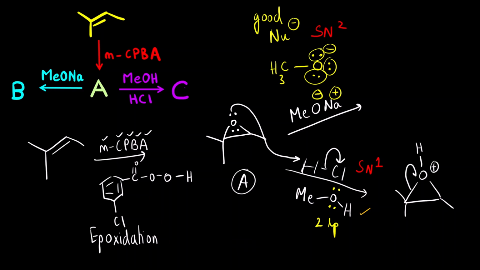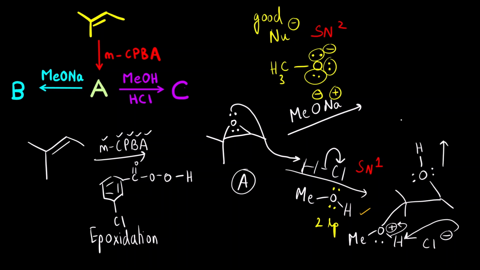So it is this bond that will be breaking. Here we will get the positive charge. Oxygen will get back its lone pair, and the next step is attack of the methanol. This will attack here, a bond is formed between oxygen and this carbon. Oxygen will get a positive charge. Then Cl minus will pick up this proton and we will get the final product. What will be the final product?